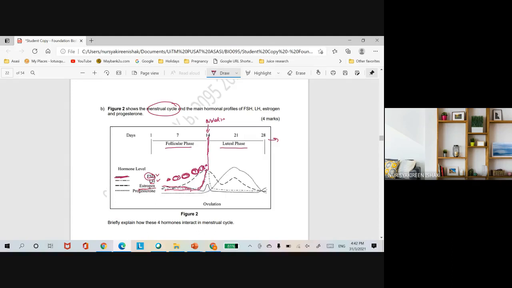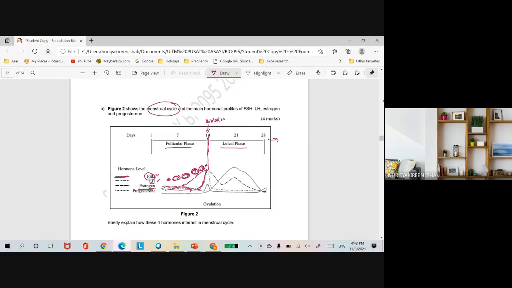Okay, especially estrogen. Estrogen secretion will start to increase as the follicle grows. Tengok estrogen yang dash yang tebal-tebal ni kan. So secretion of estrogen will start to increase. Sebab apa? Follicle starts to grow bigger and bigger and bigger.